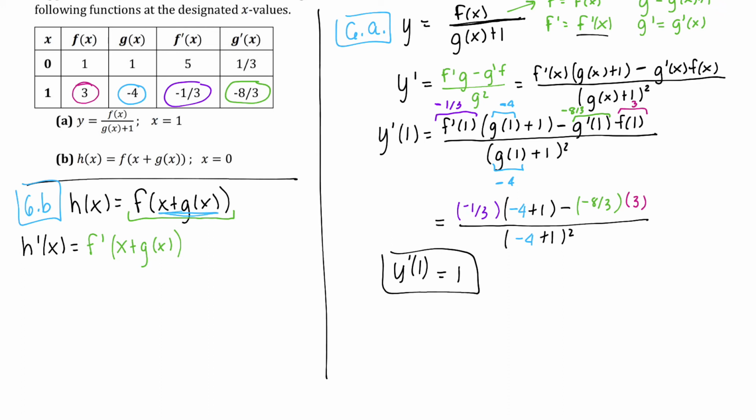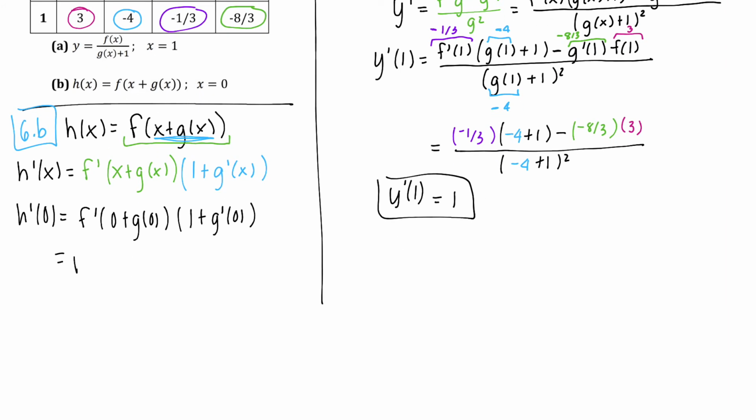The derivative of x is 1. The derivative of g of x is g prime of x. We were asked to find this derivative at x equals 0. So we have h prime of 0, plugging in 0 for x: f prime of 0 plus g of 0, times 1 plus g prime of 0.